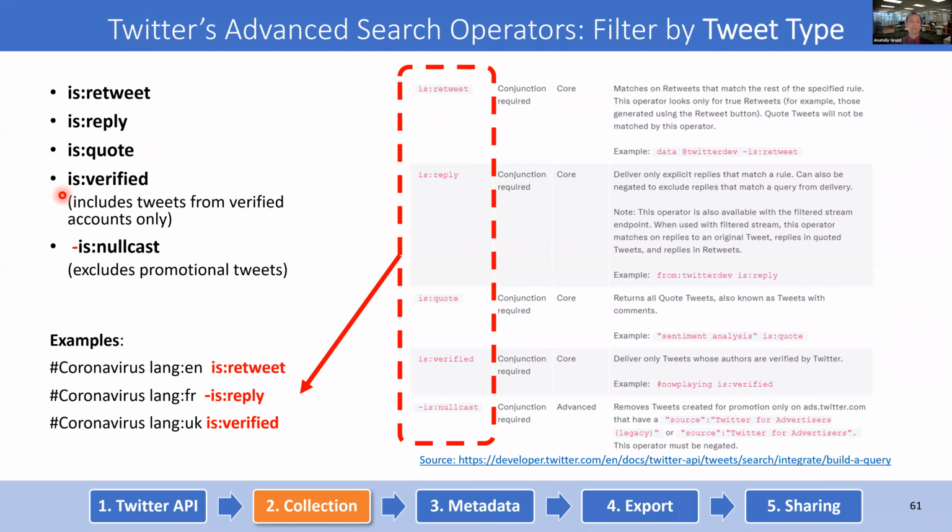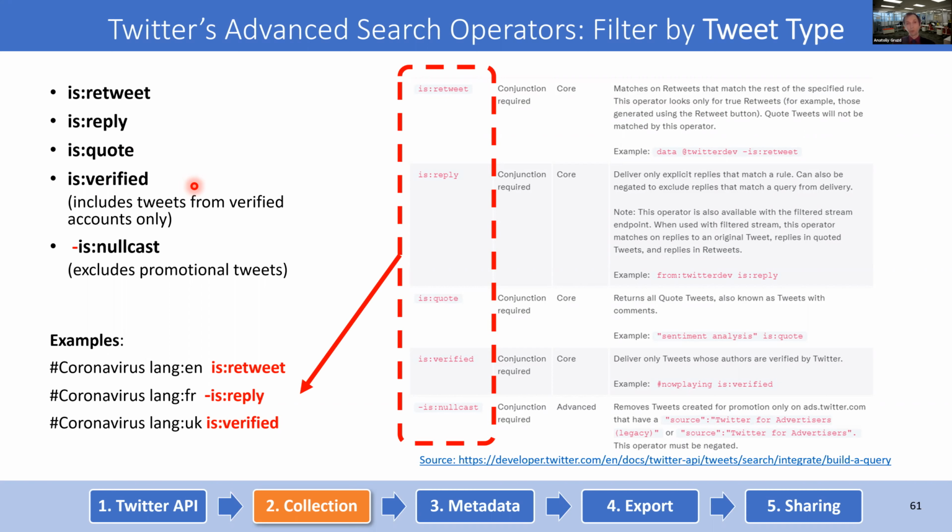You can even limit tweets: if you only want to analyze verified accounts, then you just say "is:verified". That will return only tweets relevant to your search criteria and any other keywords you entered, but only from users who are verified. And we know that mostly these would be journalists, politicians, other public figures.